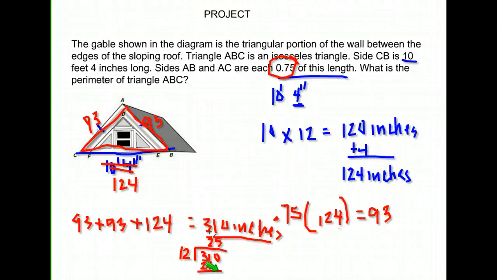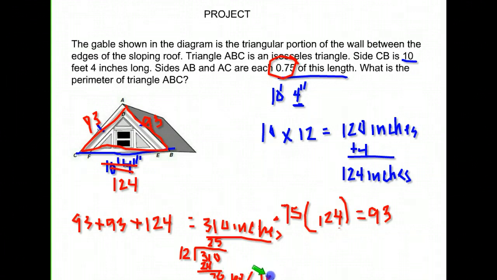So if you do your division a little more like this, 12 goes into 31 two times. 2 times 12 is 24, and 31 minus 24 leaves 7. Bring down the 0. 12 goes into 70 five times. 5 times that is 60.